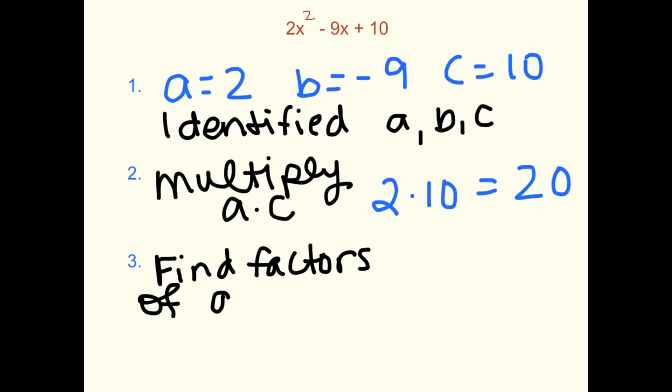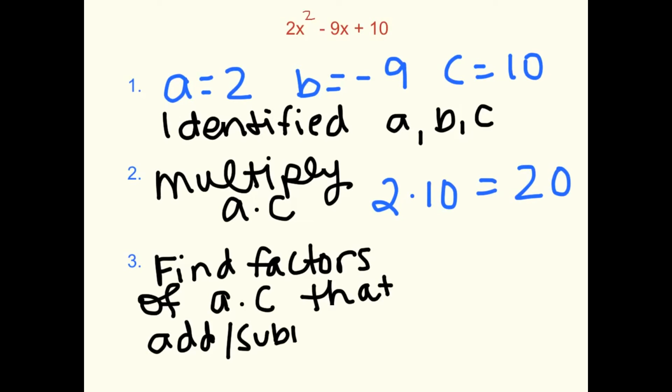So find the factors of a times c that add or subtract, or that will get me to my b. In this case, my b is -9.